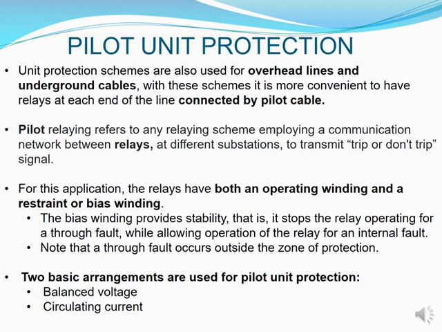So this bias winding then makes sure that it only allows operation of the relay for when you have an internal fault. And we've got two basic arrangements that can be utilized for your pilot unit protection, and that is what we call a balanced voltage as well as your circulating current.